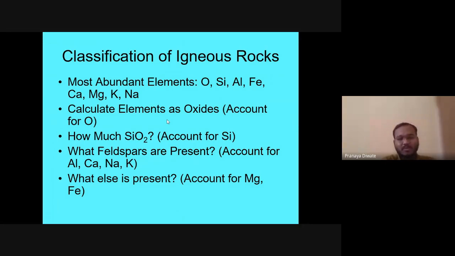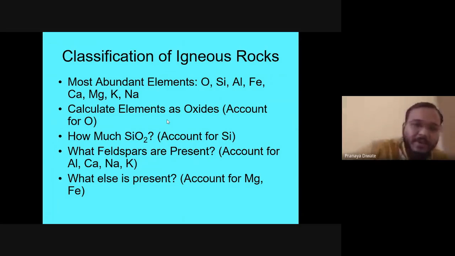So you calculate the element as the oxide: how much SiO2 accounts for Si, what feldspar is present, and what else is present. This is how you can classify igneous rock in a different way.